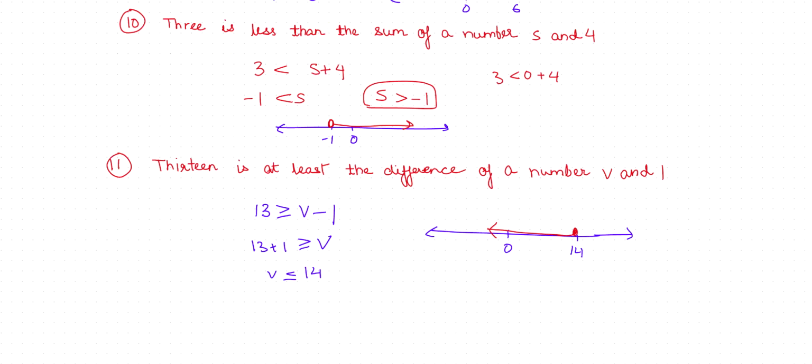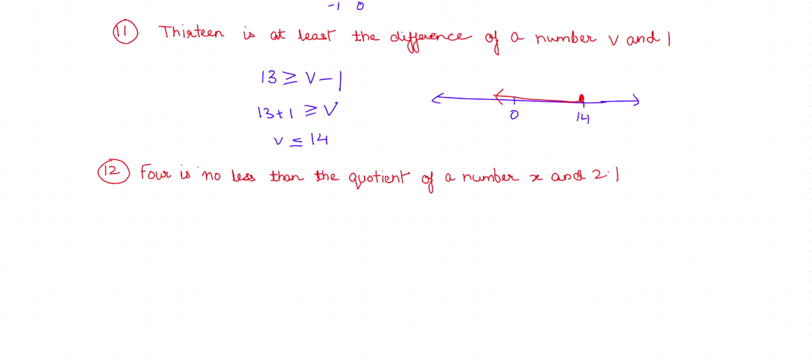Now let's do the next question. In this question, it says 4 is no less than. No less than means it is either greater than or equal to, then the quotient of a number x and 2.1. So it is no less than, meaning either greater than or equal to, the quotient of a number x by 2.1.